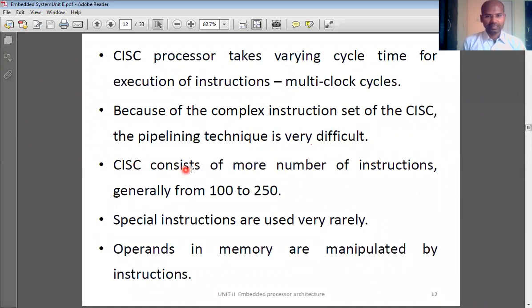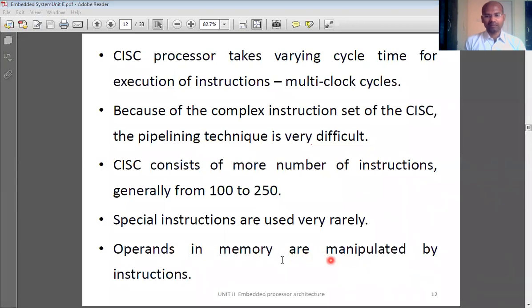Now, CISC consists of more instructions, generally from 100 to 250. So CISC has plenty of instructions, 100 to 250. This many instructions we don't find in RISC architecture. Special instructions are used very rarely, although it has so many instructions.